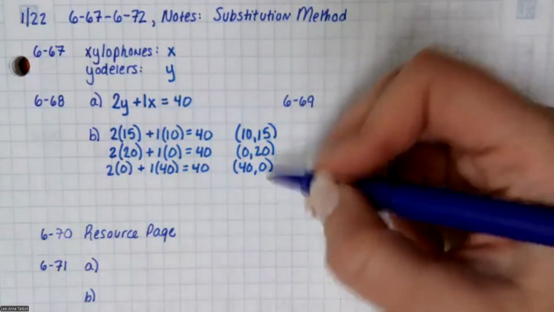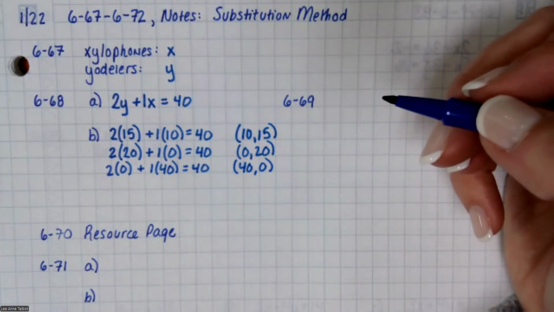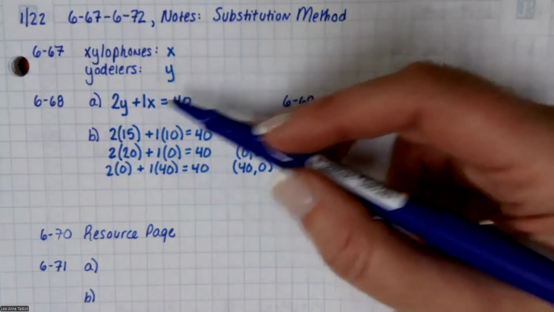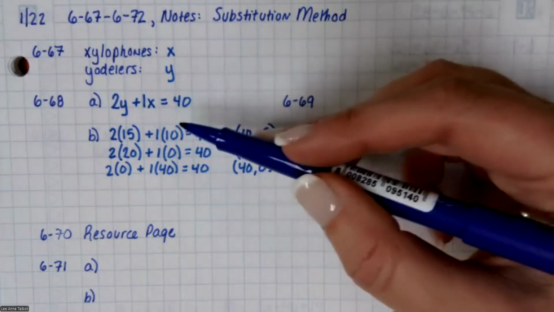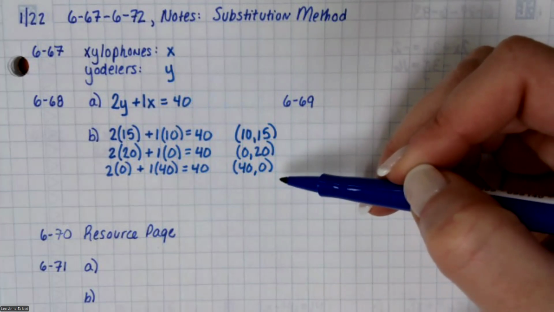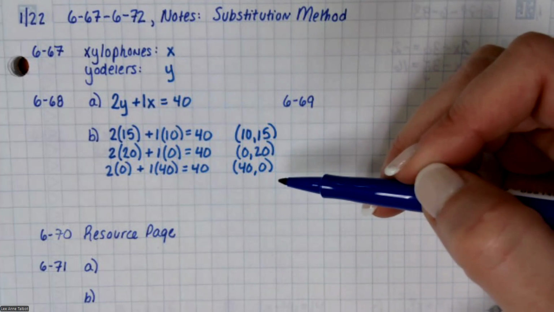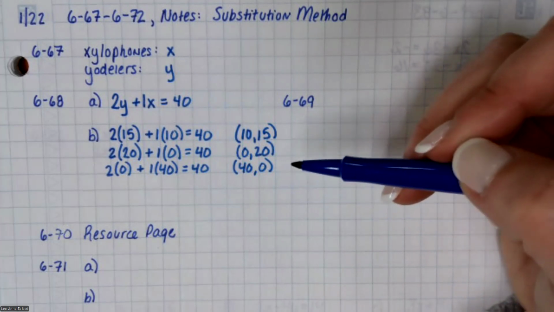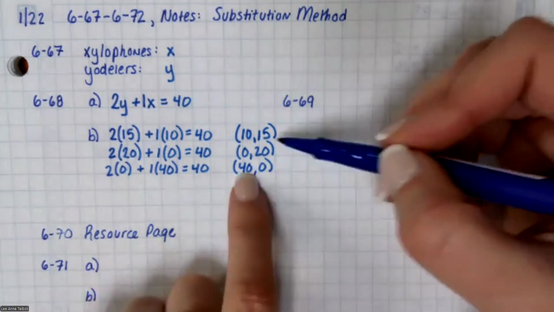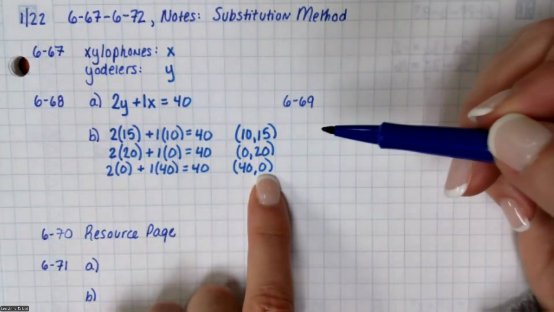Okay, if I were to graph these three coordinates, what would I get? Look at the original thing. What is this? What shape does this make? Starts with an L. It's a line, right? So if I were to graph these three, I should be able to take a ruler. A line's not a shape?